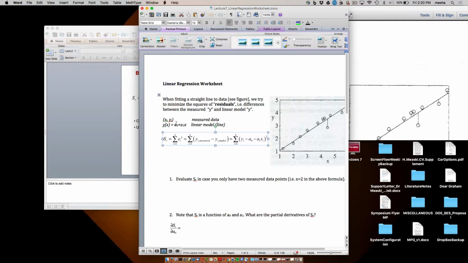So basically, evaluate what this SR is if I have only 2 points. So I have x1, y1, and x2, y2. Just write down what it is to get a feeling for the formula. So my n is 2.